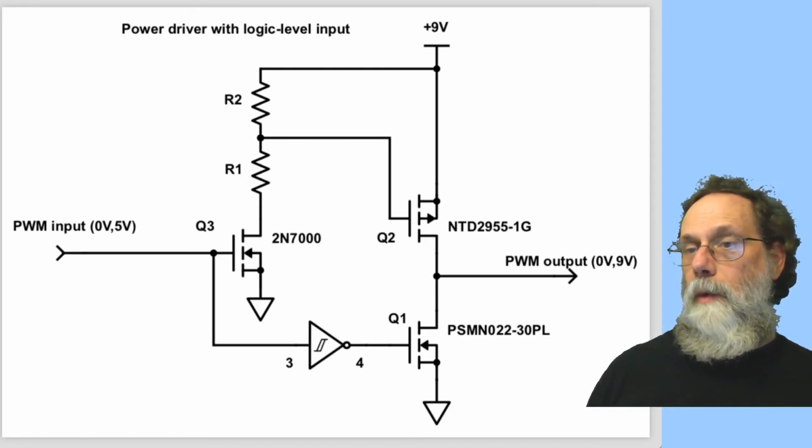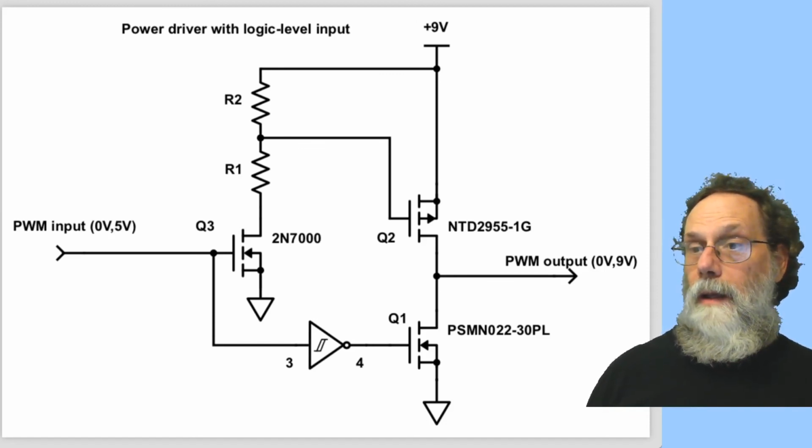Because here we can run to voltages that are not limited by how much the inverters can withstand. And that's probably enough for now on how to handle high voltages in H-bridges.